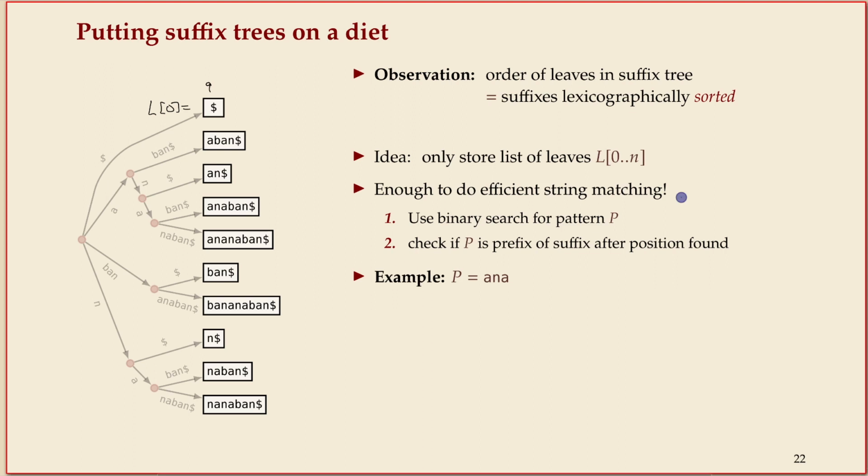Now, it turns out that's enough to answer some of the questions that we've answered before with the suffix tree. For example, we can still do string matching. If I have a pattern like Anna, how do I find the occurrences of that pattern in our text?